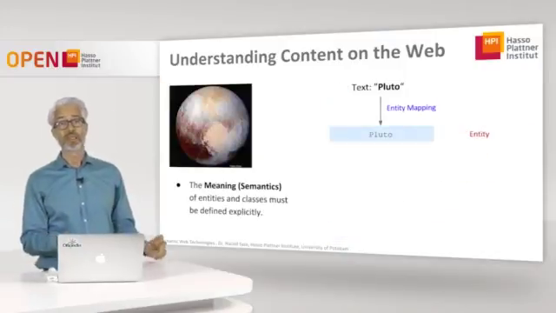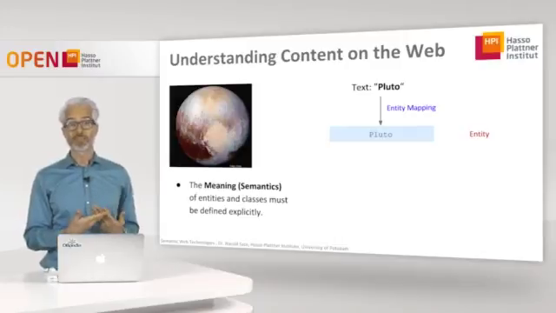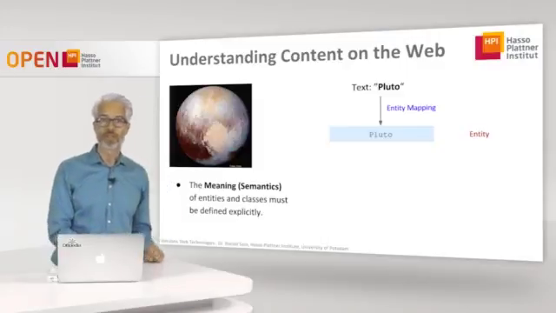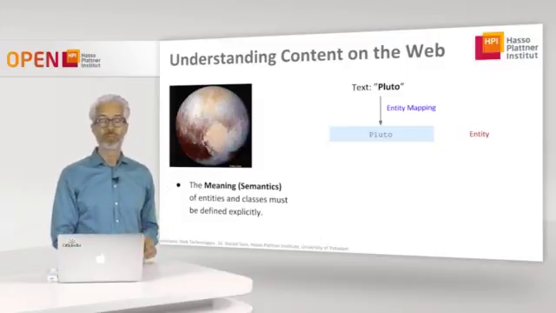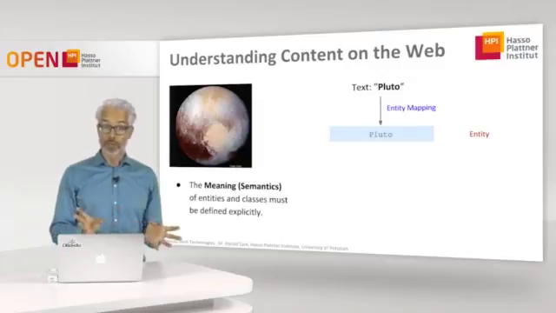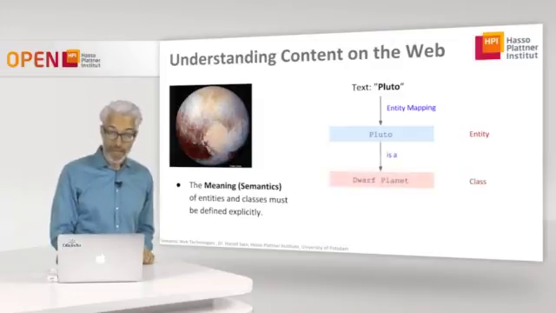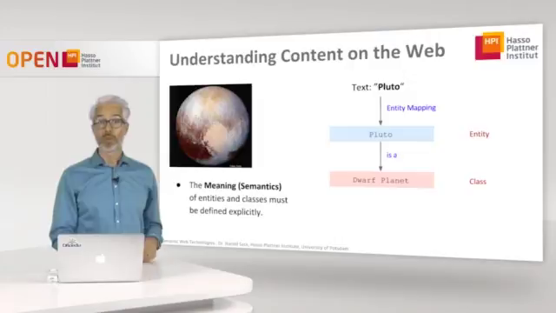So then you must explicitly define the meaning of this content. We have Pluto, which refers to a so-called entity, Pluto. But what is Pluto? Pluto is a planet or a dwarf planet. We know that. So we can say the entity Pluto belongs to the class dwarf planet.